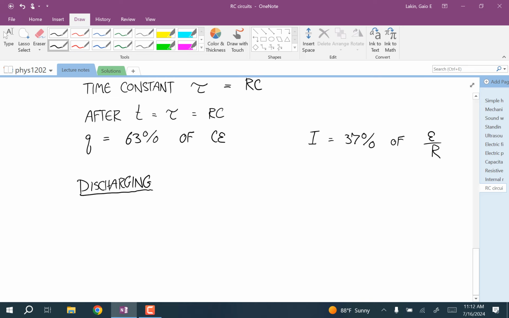And we want the same things for the discharging capacitor. So the equation for the charge in the capacitor is the starting charge. Now this isn't necessarily Q max. This is just whatever value that it's charged to times e to the power of negative t over RC.